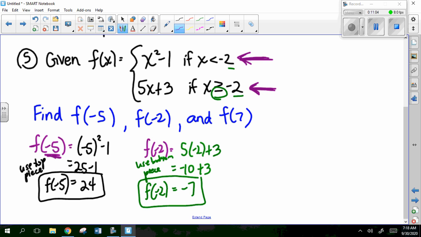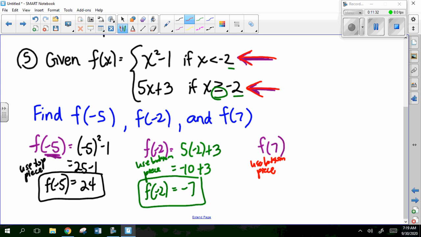And then the last one I asked you for is f of 7, so you have to look at your pieces and figure out where 7 would fall. Again, I'm looking to see if 7 is less than -2 or greater than or equal to -2. It is, in fact, greater than -2, so we're going to use the bottom piece again.